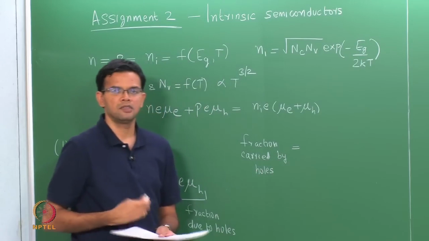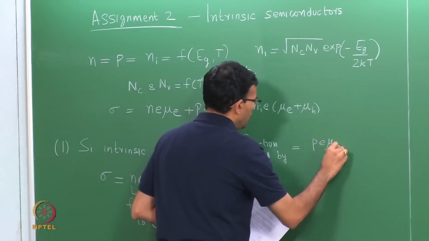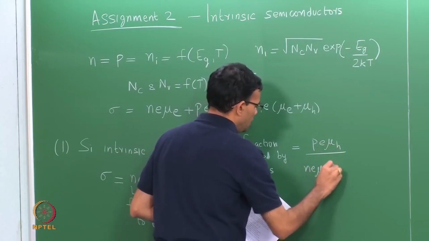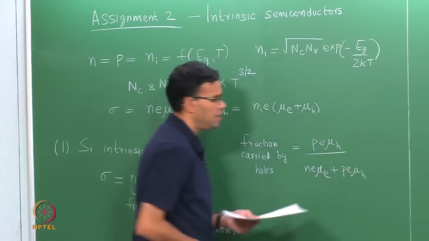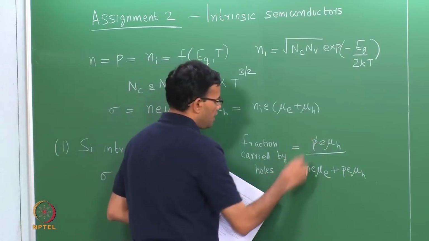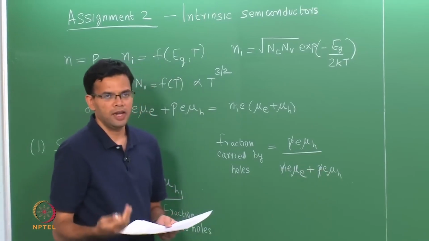we can write this in the form of a ratio. It is nothing but P e mu h divided by the total, that is N e mu e plus P e mu h. So, for an intrinsic semiconductor, N is equal to P is equal to Ni.